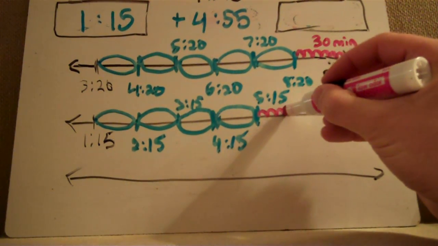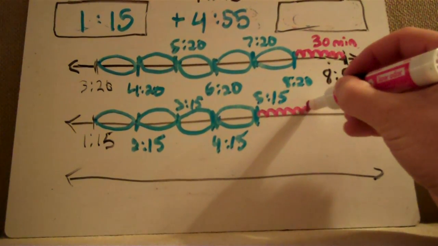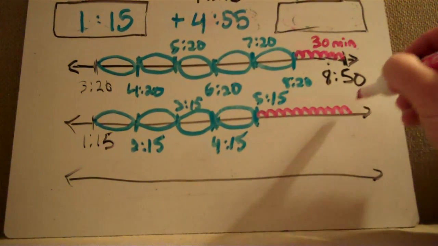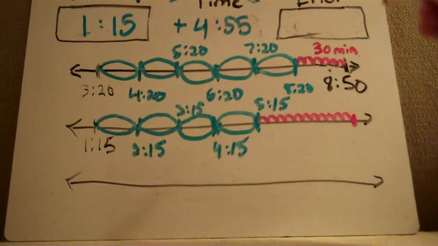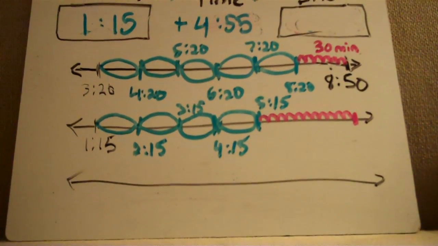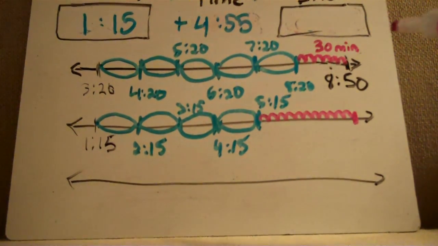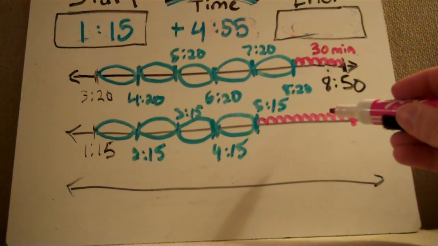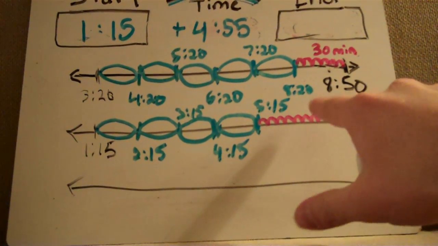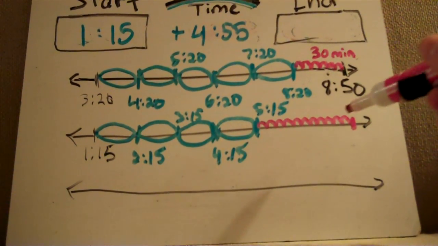5, 10, 15, 20, 25, 30, 35, 40, 45, 50, 55. So that's going to be where we stop. Now we just have to start with 5:15 and add on. Now watch out, we're going to get to the point where we hit 6 o'clock. 6 o'clock is the same thing as 5 o'clock with 60 minutes after that. So watch what happens.